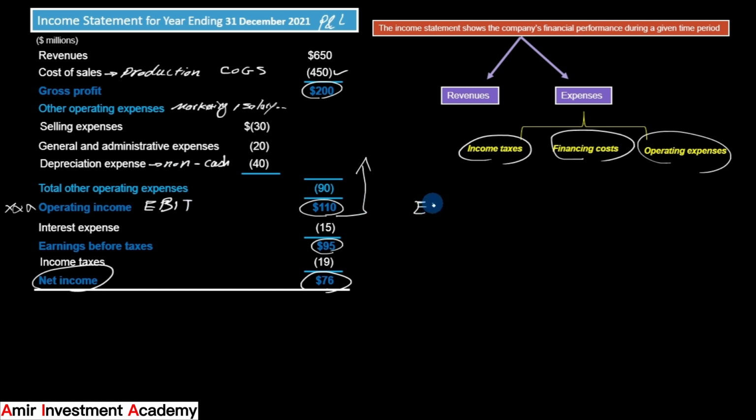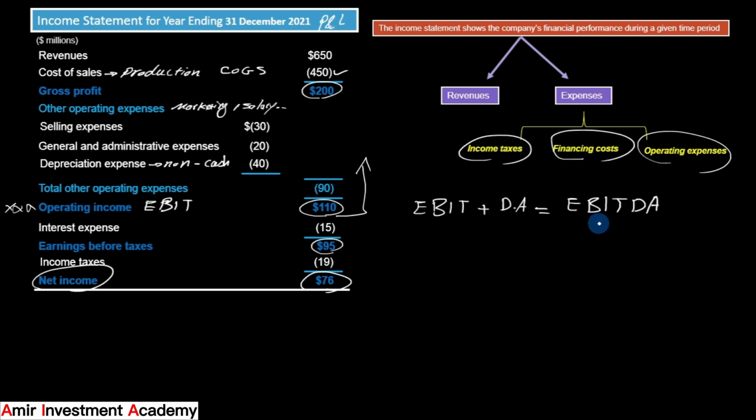So that will be EBIT plus depreciation, or if you have amortization, but here we don't have amortization. If you add this one to your operating income, the term will be EBITDA. This is pronounced EBITDA.